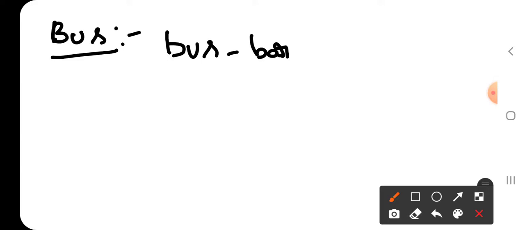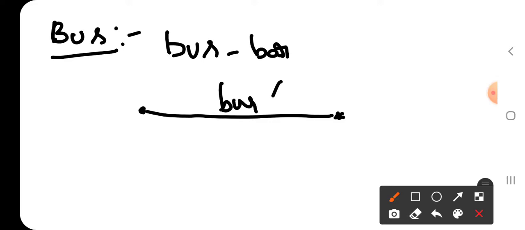What is a bus bar? It is a conductor made up of either copper or aluminum, which offers negligible resistance. So the bus bar will have zero voltage drop when it conducts the rated current. Suppose this is one point and this is another point, and between these two we connect one conductor. This conductor carries the power, hence it is called the bus or bus bar.